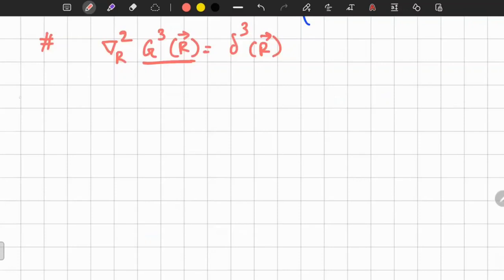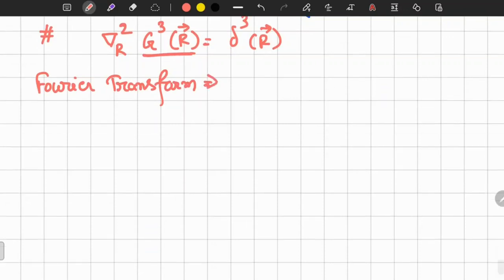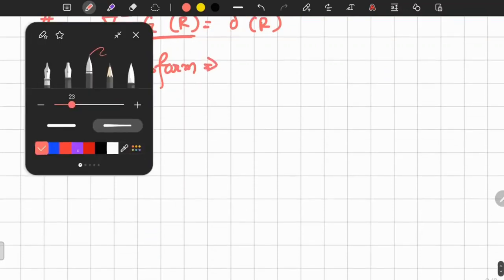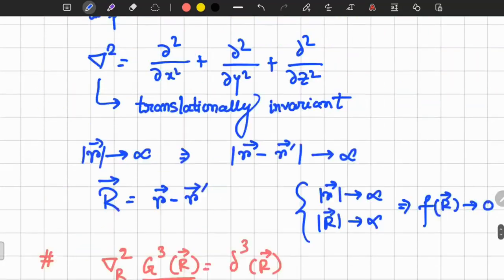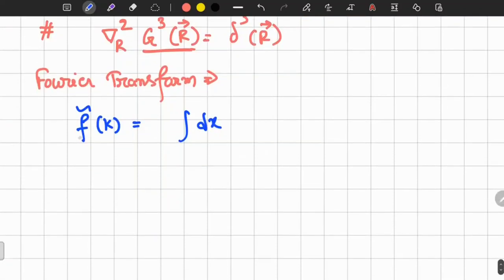So now we'll use the Fourier transform. Let me write the general form of the Fourier transform. We are very much aware of this thing, though we are writing it. Let me write it with a different notation, let's say h.